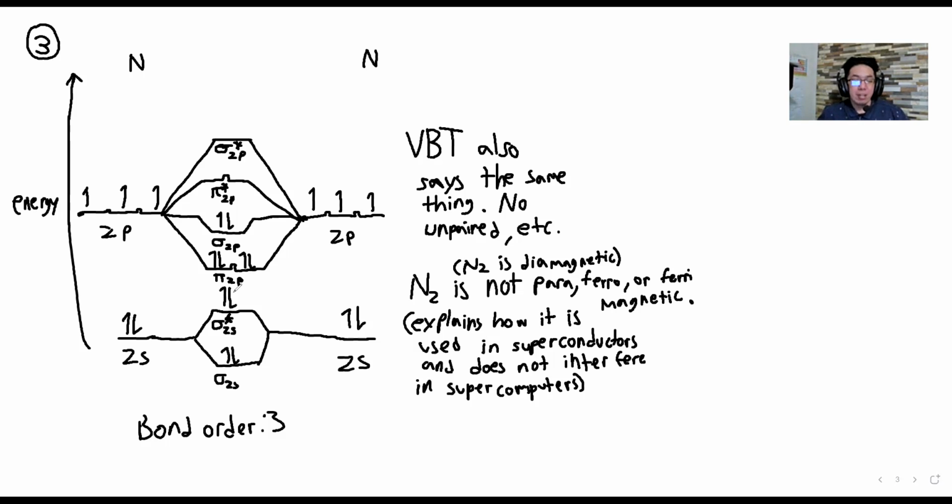Okay, let's start. What you're missing here, Joshua, for the next time you draw: I considered the 1s, since nitrogen is 1s2, 2s2, 2p3.